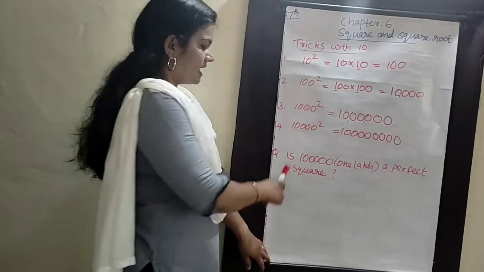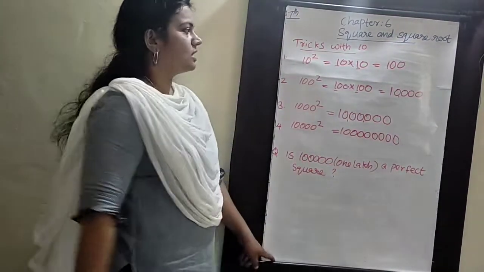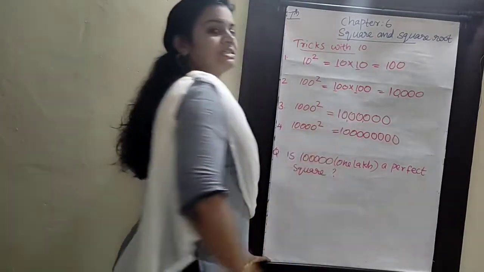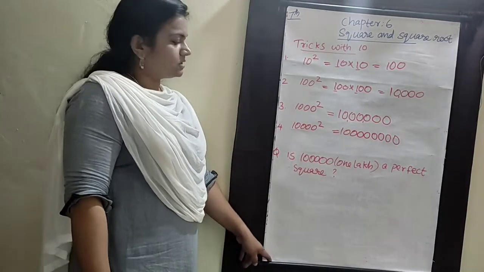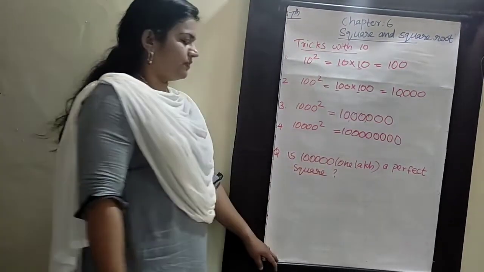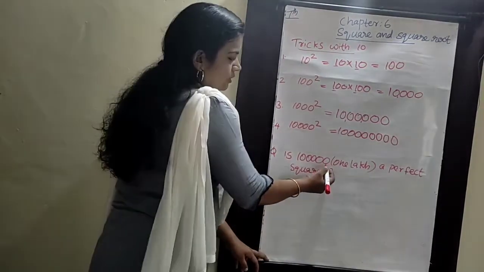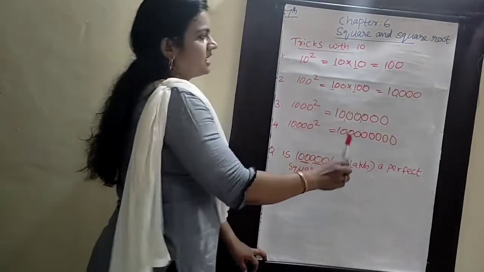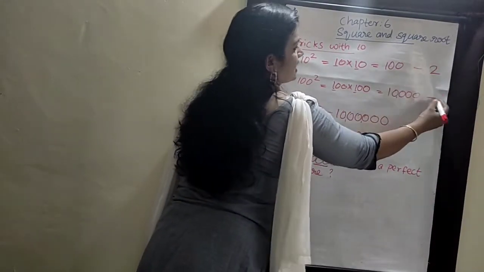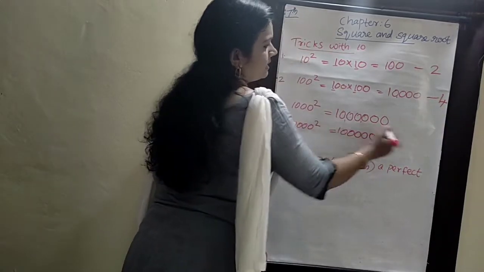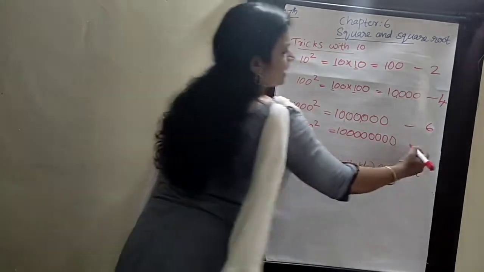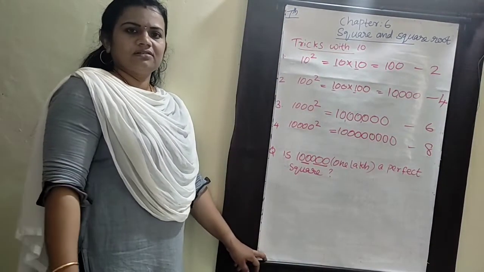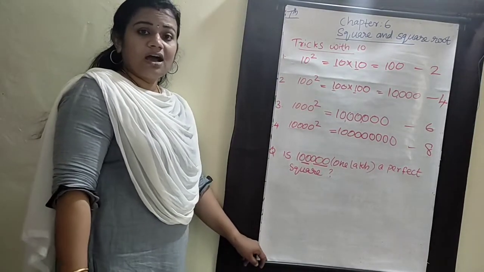Now, is 1 lakh a perfect square? These are all perfect squares because the same number is multiplied with the same number. Understood? Then 1 lakh: how many zeros are here? 5 zeros. Now listen, how many zeros in the first one? 2. Second one, 4. Third one, 6. The last one, 8. Are these numbers, 2, 4, 6, 8, odd or even?